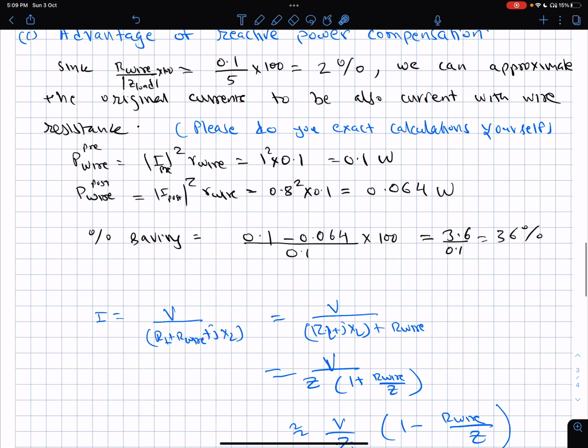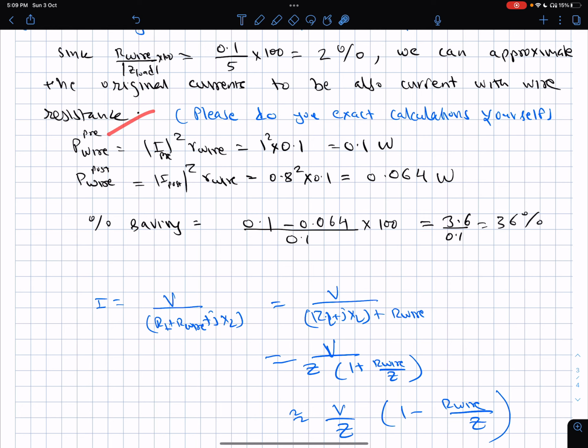Therefore, initially, when the capacitance is not put, which is called the precondition here, the losses in the wire will be the square of the current in the wire times R_wire. The current was 1 ampere, so 1 squared into 0.1 is 0.1 watts.